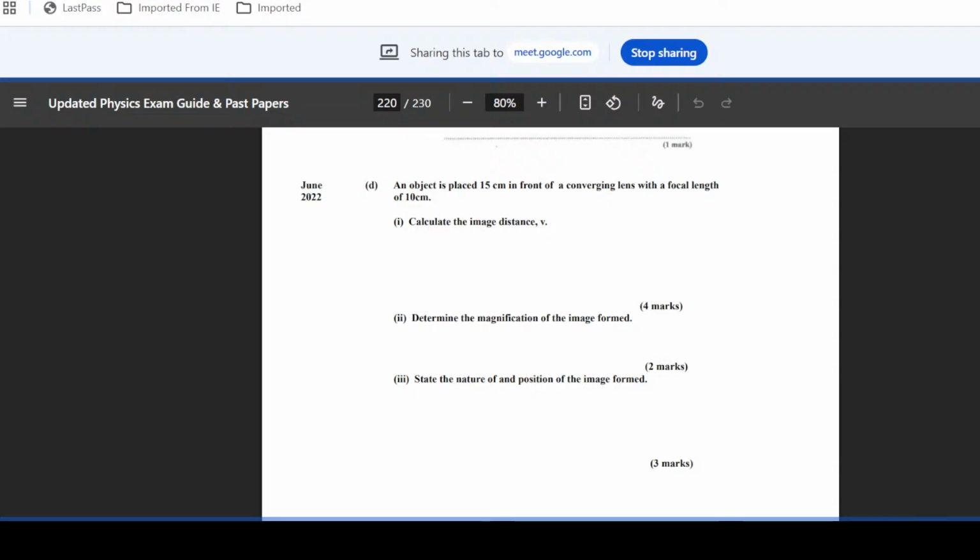So the lens equation says that 1 over f is equal to 1 over u plus 1 over v.